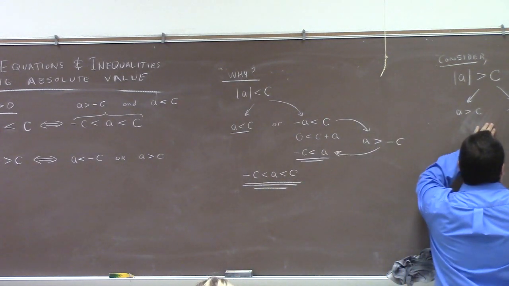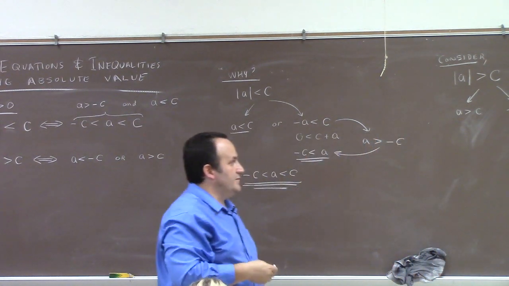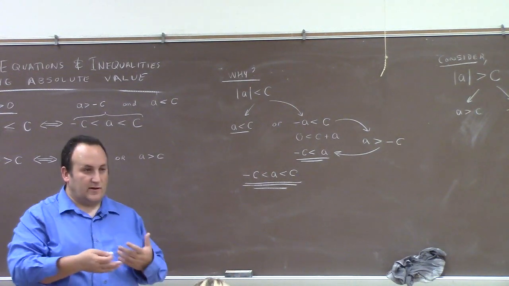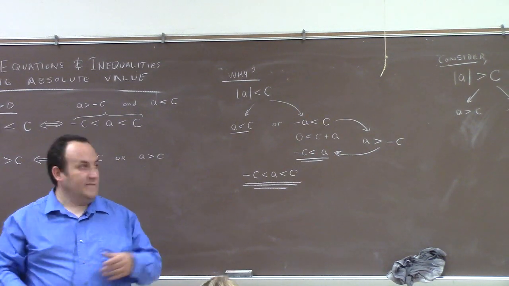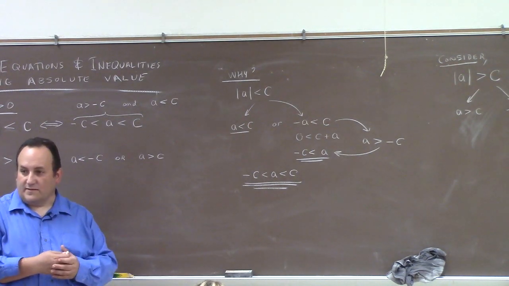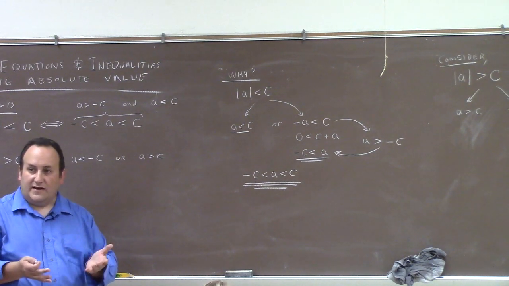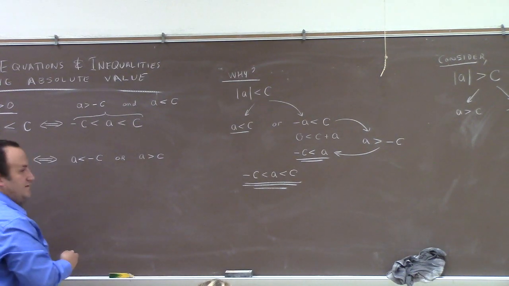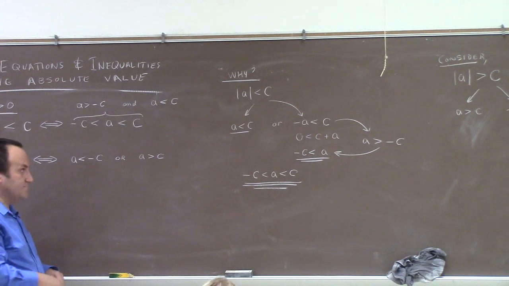The other one gives me that A is less than minus C. Can you have both of those at the same time? Can A be larger than C, where C is a positive quantity, and at the same time be less than minus C, a negative quantity? Can A be both positive and negative at the same time? Absolutely not. So those are separate cases. When we solve absolute value greater than something, we get two cases, and they're disjoint cases.